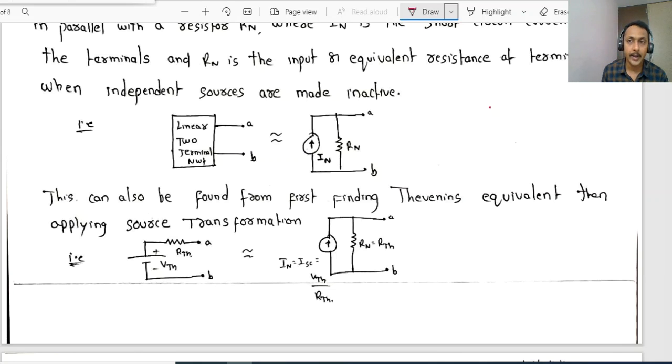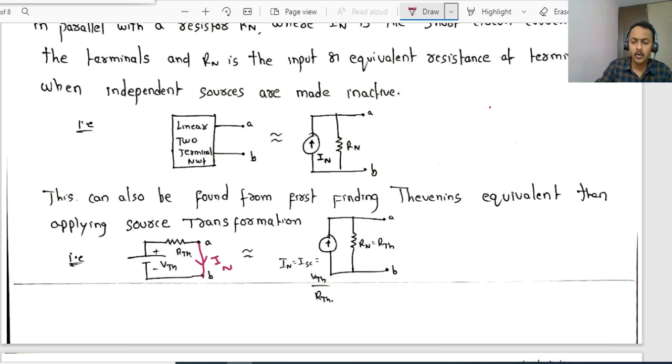Simply after finding the Thevenin's equivalent circuit, by short circuiting terminals A and B, the current flowing through this terminal will be nothing but I Norton or I SC. So this current I Norton or I SC will be equal to VTH by RTH. Like this also we can do.